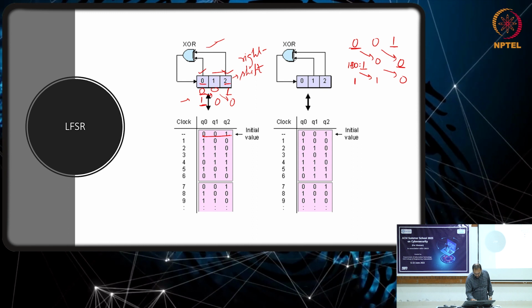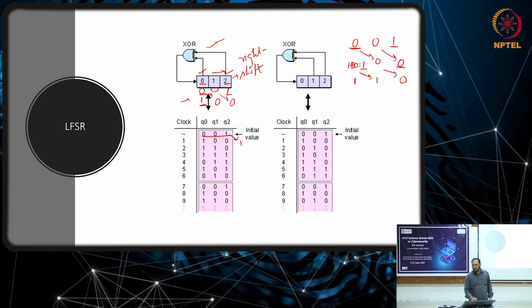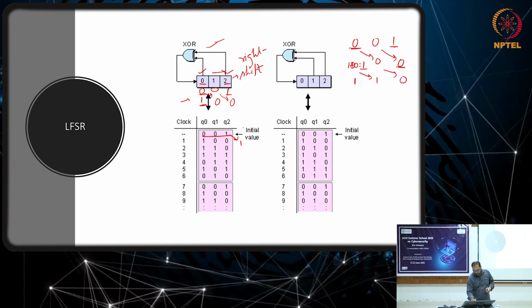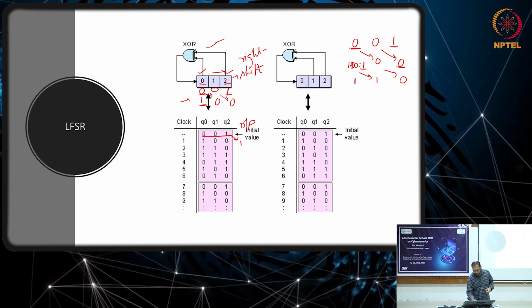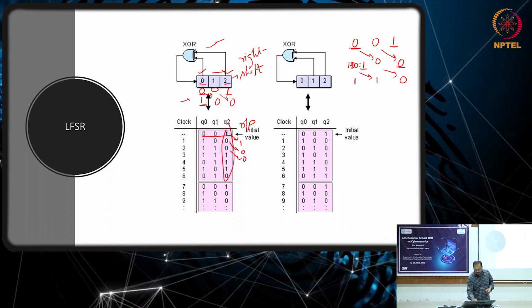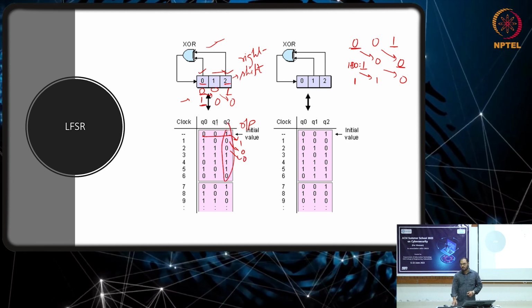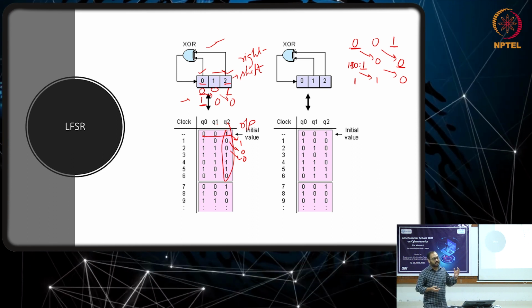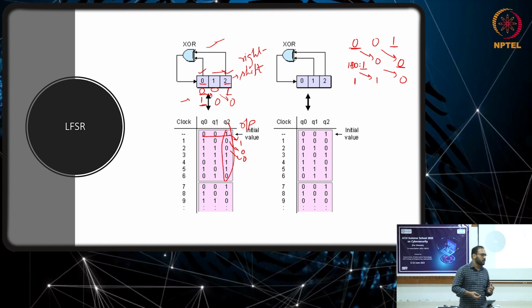If you see, this will come out after the first clock, this will be out of this register, so you can consider this as output. So 1, then 0, then 0, and similarly this is your key stream. So from 3 bits of my key, we are able to generate 8 bits or 7 bits of key stream.